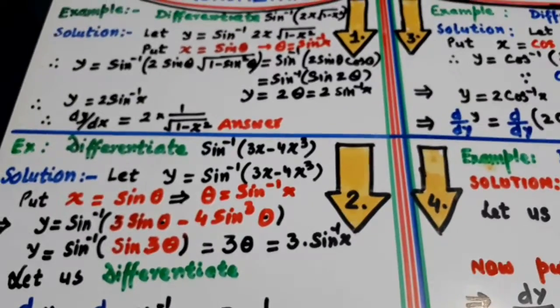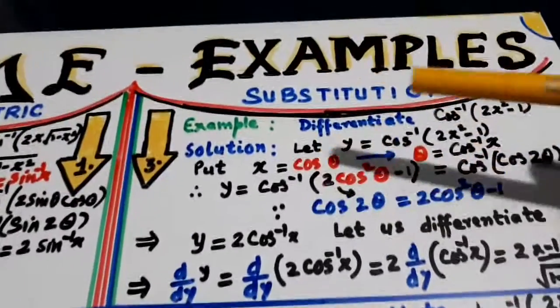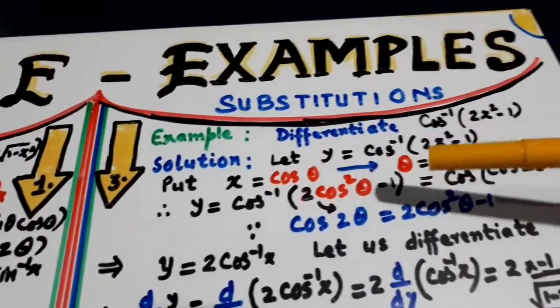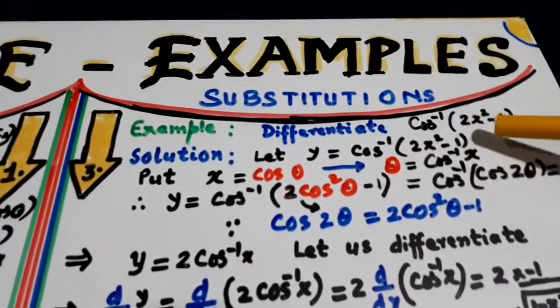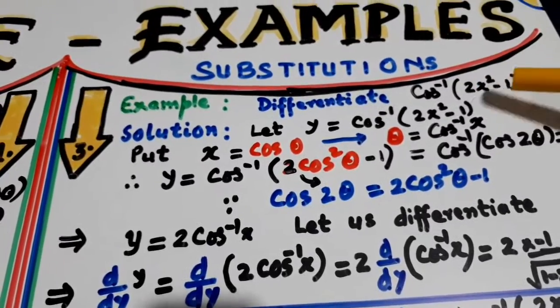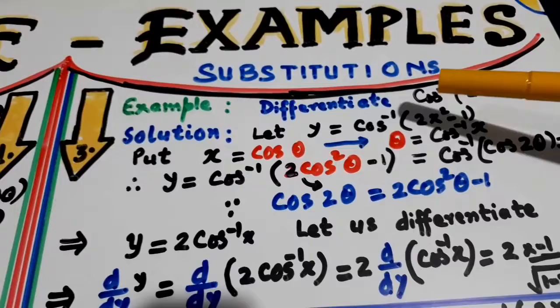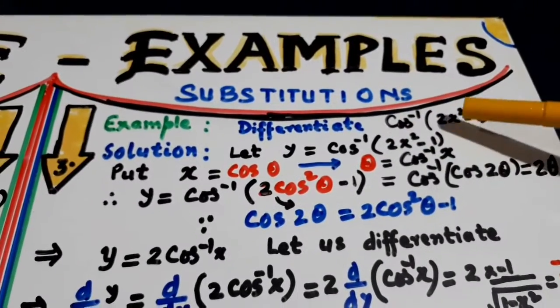Now let us go to example number 3. Now question is this: we have to differentiate cos inverse within the bracket 2x square minus 1. अब आपको ये देखना है cos में कोई फार्मूला है जो इस शेप का होता है.